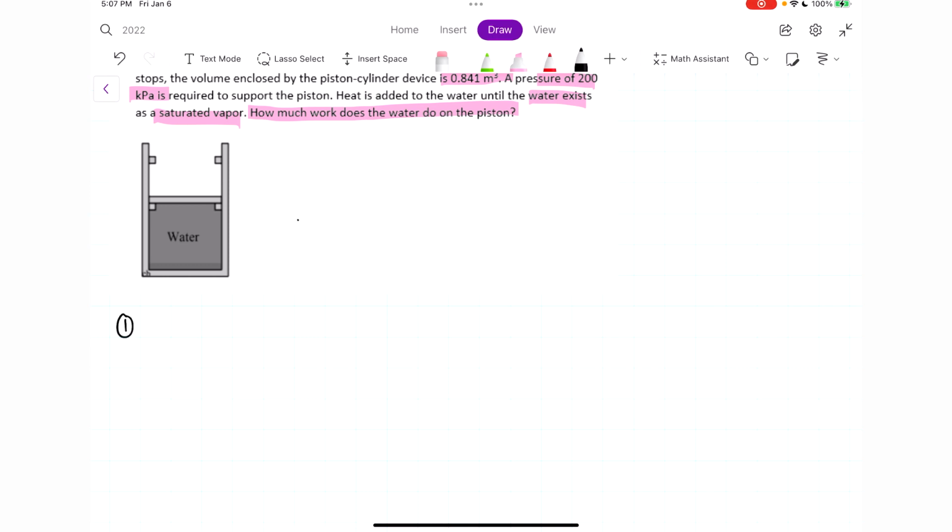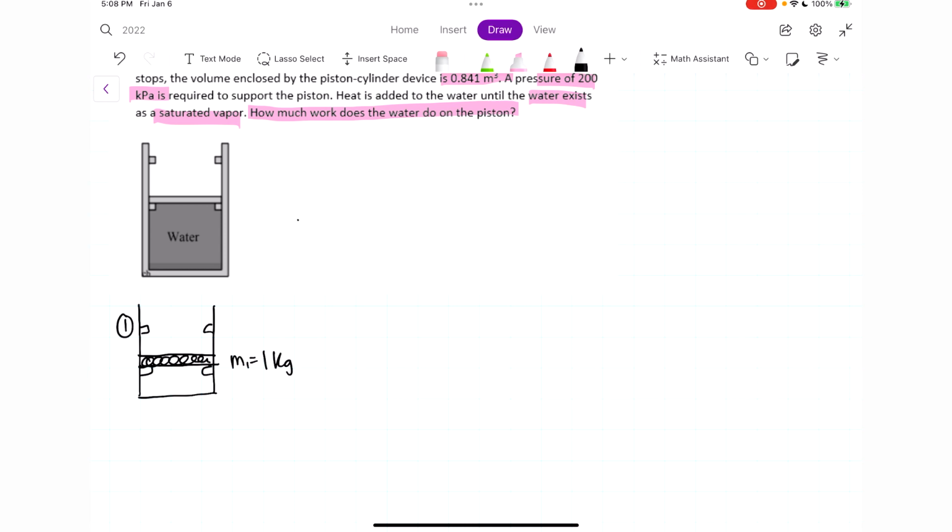So I know that our first state in this problem is going to be right here, when the piston rests on the first set of stops. We know that the mass is going to be 1 kilogram because it says so in the problem statement.